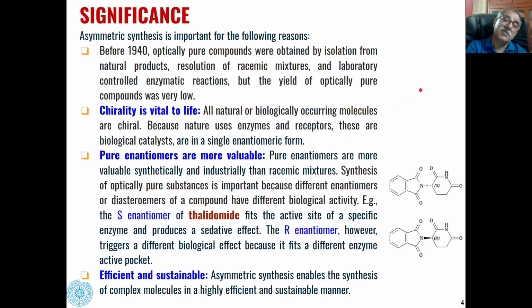Now, the significance of asymmetric synthesis, which I have also told you earlier, is that pure enantiomers are more valuable.